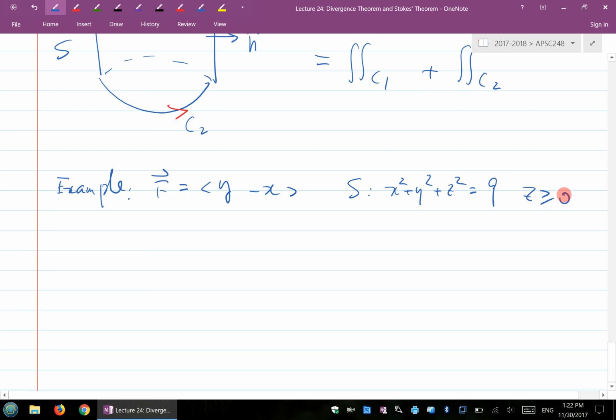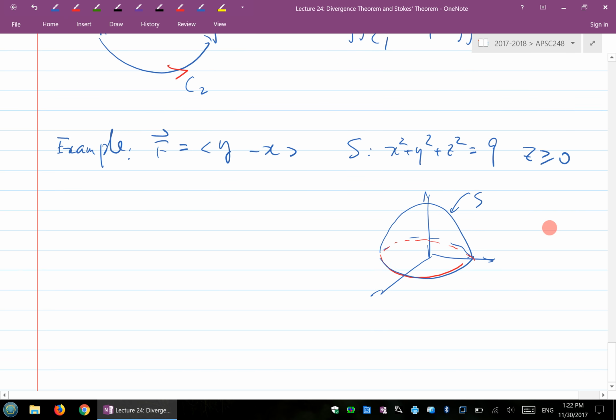Here is a vector field with components y, negative x, and the z component is 0. S is a half sphere. So this is your S here. Make sure you understand that the red one is not part of S here.